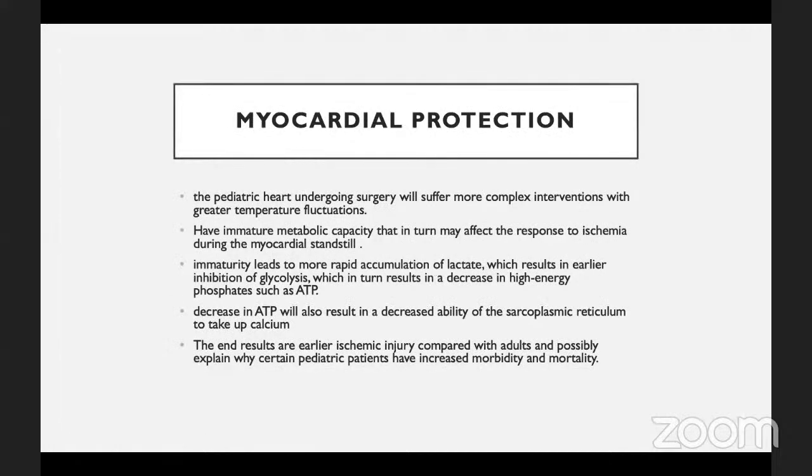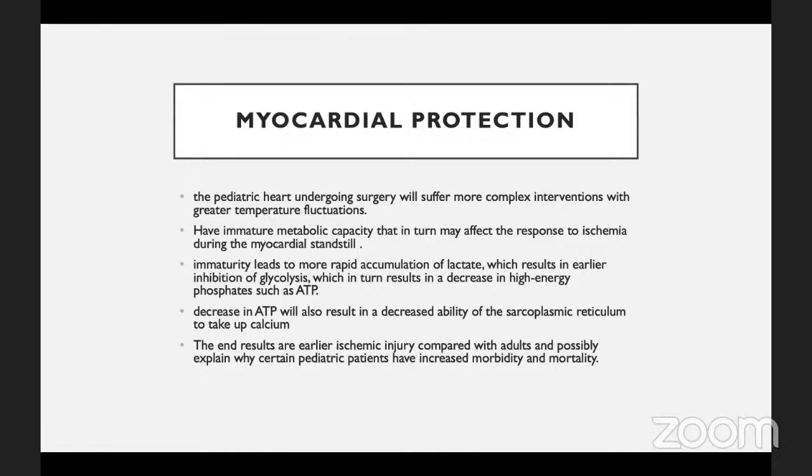Myocardial protection is important, especially during cardiac surgery for pediatrics, because the pediatric heart undergoing surgery will suffer more complex interventions with greater temperature fluctuations. They have immature metabolic capacity that in turn may affect the response to ischemia during myocardial arrest.